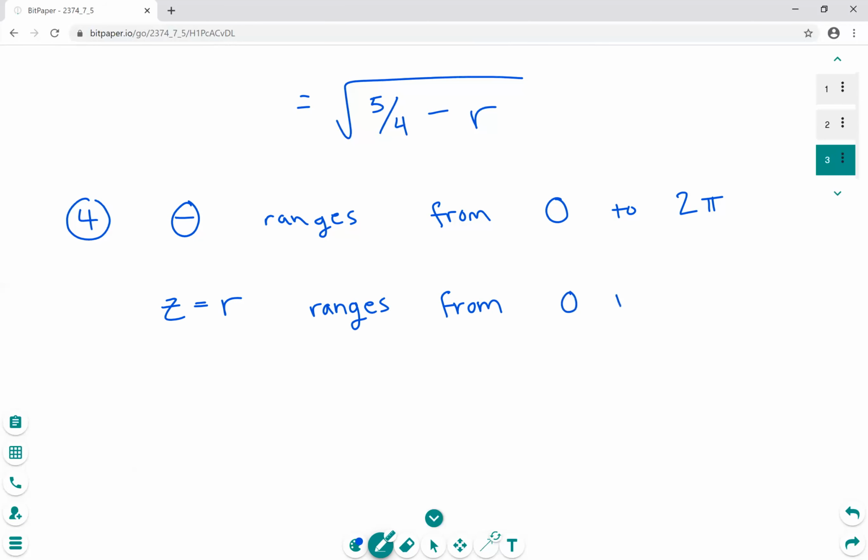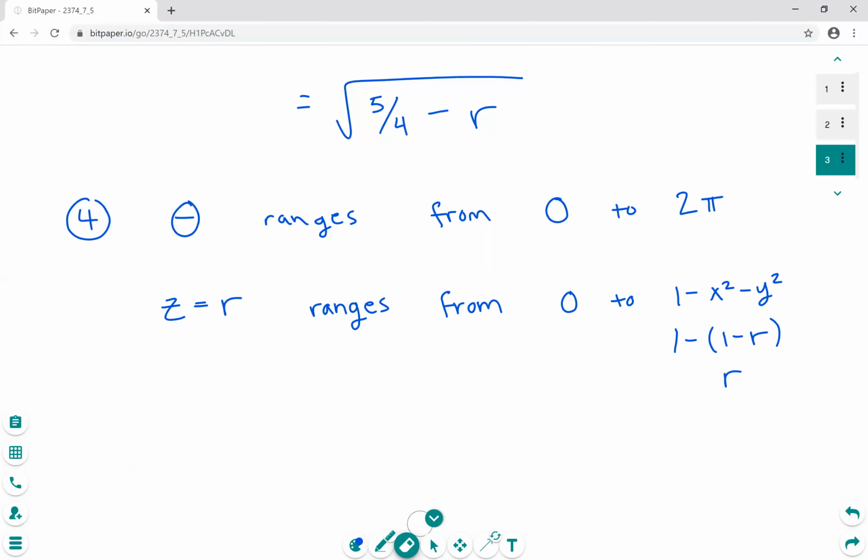So from 0 to 1 minus x squared minus y squared. Well, this is set up so that x squared plus y squared is actually just 1 minus r. Right, so this is which is just r. Okay, so now this may be a little confusing.